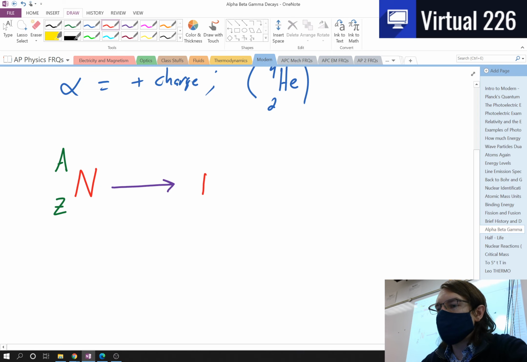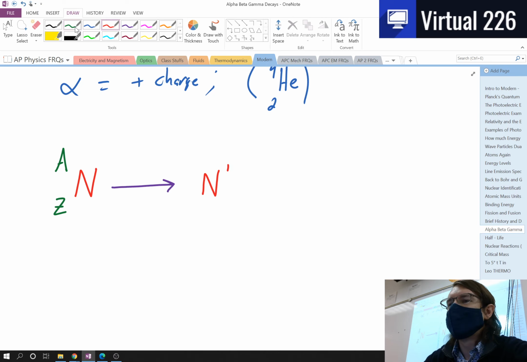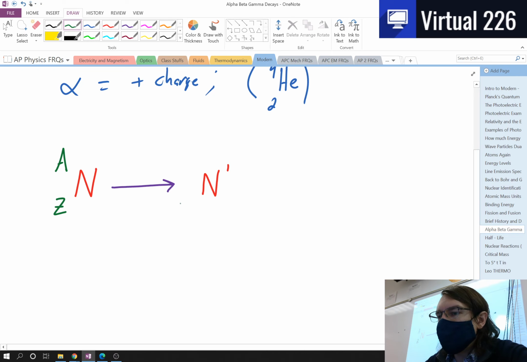It's going to give us some N prime, not a derivative. How do you take a derivative of something like magnesium? This doesn't make any sense. But what you have here is the atomic number minus 2, because you're losing 2 protons, and the atomic mass number minus 4.